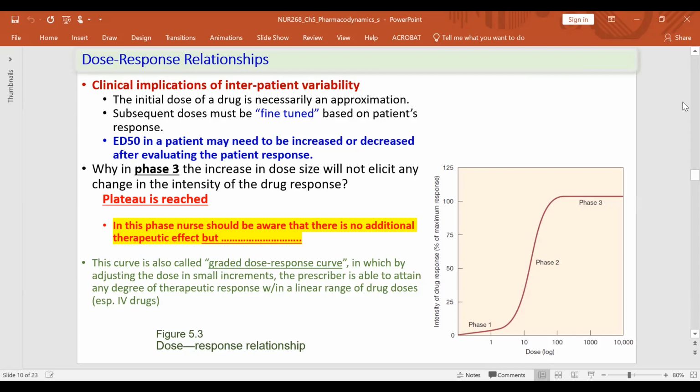So in phase 3, we said that an increase in dose size will not elicit any change in the intensity of the drug response, and it's because the plateau has been reached. The plateau is reached because all target receptors for the drug are occupied, filled up with the medication, or have interacted already with the medication.